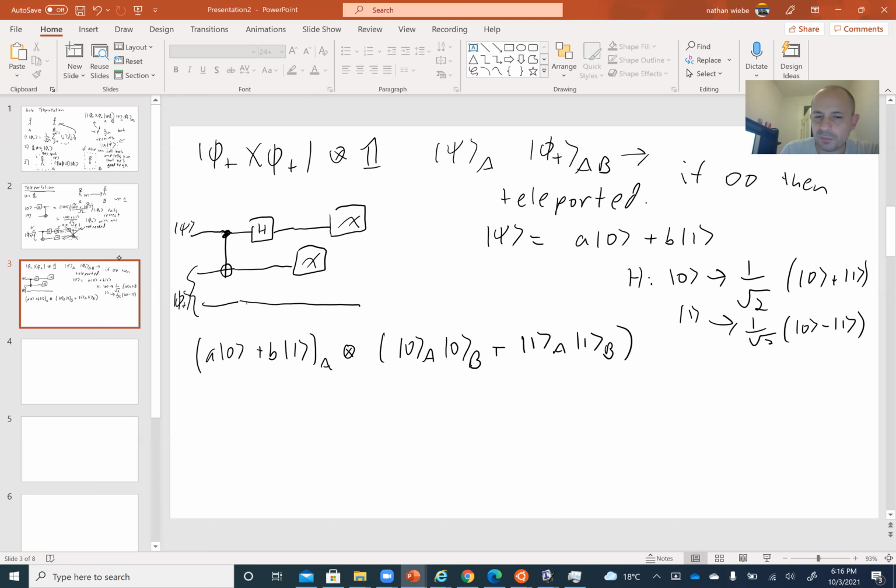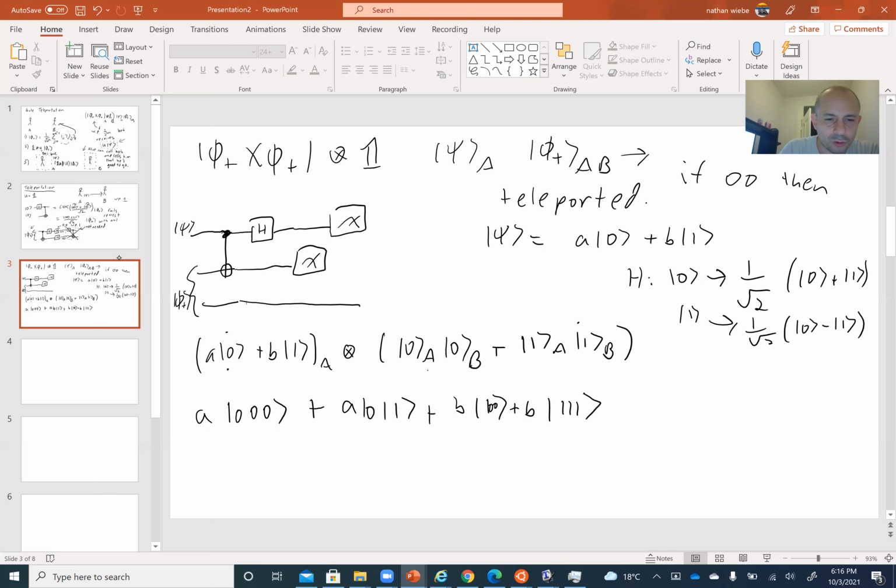So using the distributive property of tensor products, we can treat this as A 0, 0, 0 plus A 0, 1, 1. And that's just the tensor product between here and there, respectively. And then B1, 0, 0 plus B1, 1, 1.